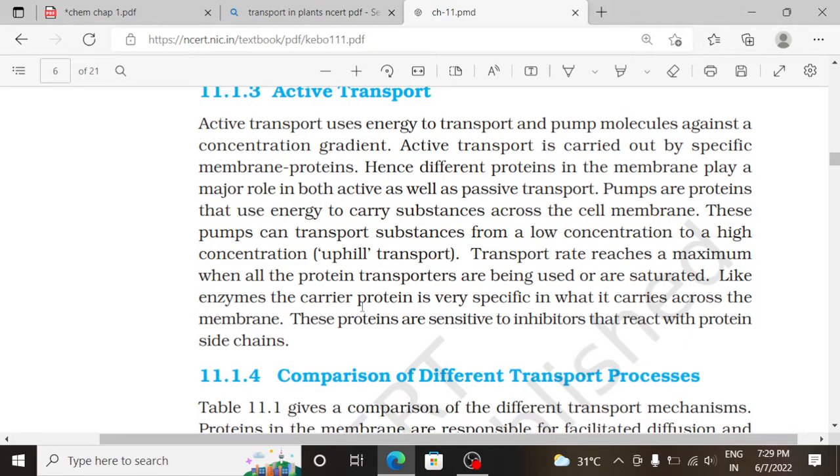These pumps can transport substances from a low concentration to a high concentration. Uphill transport. Transport rate reaches a maximum when all the protein transporters are being used or are saturated. Like enzymes, the carrier protein is very specific in what it carries across the membrane. These proteins are sensitive to inhibitors that react with protein side chains.